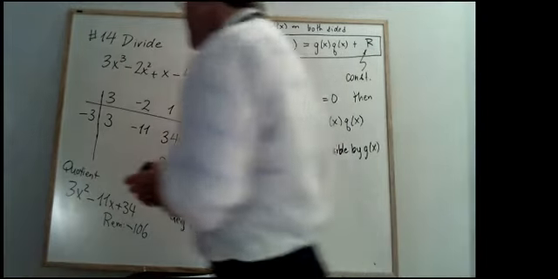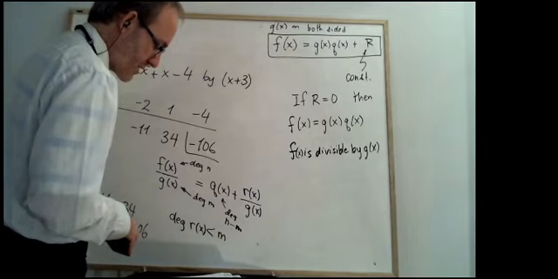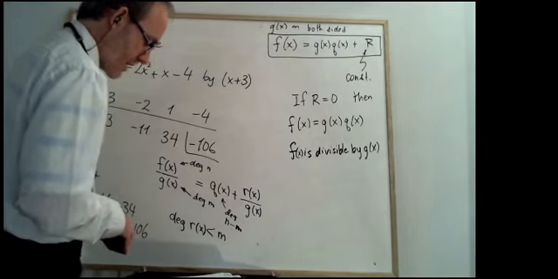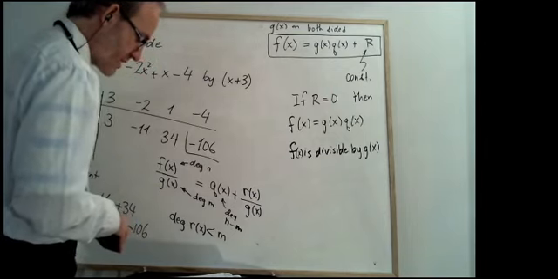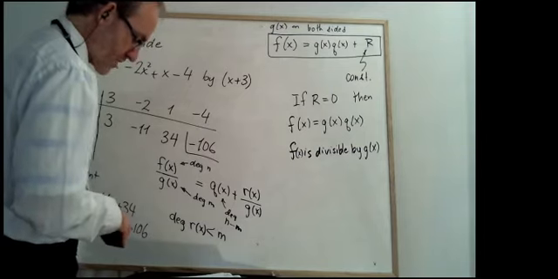So one of the problems is to determine if one polynomial is a factor of another. So the question here is x minus 2 a factor of 4x to the fourth minus 15x squared minus 4?